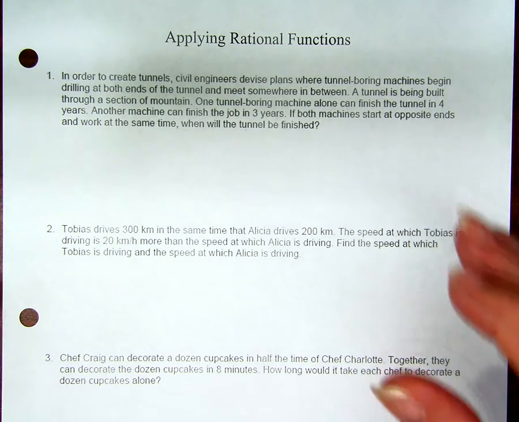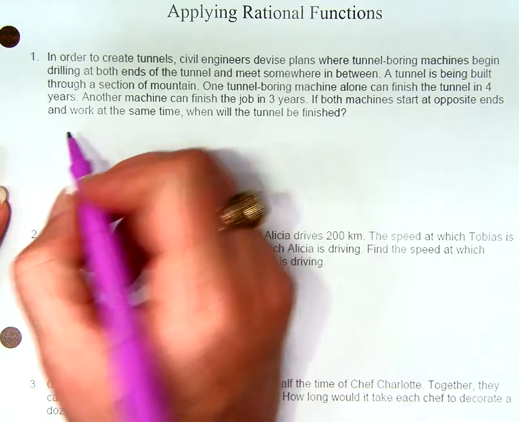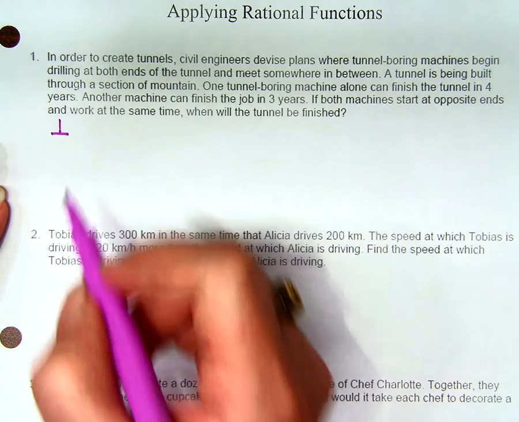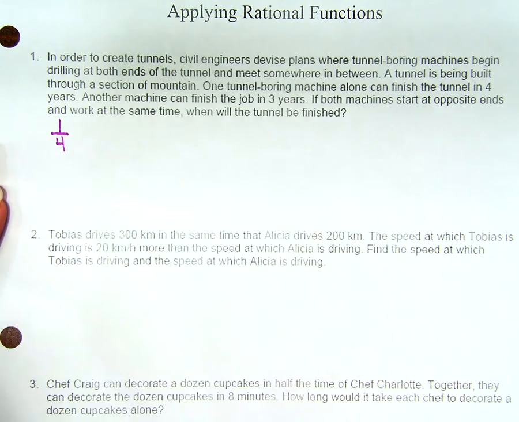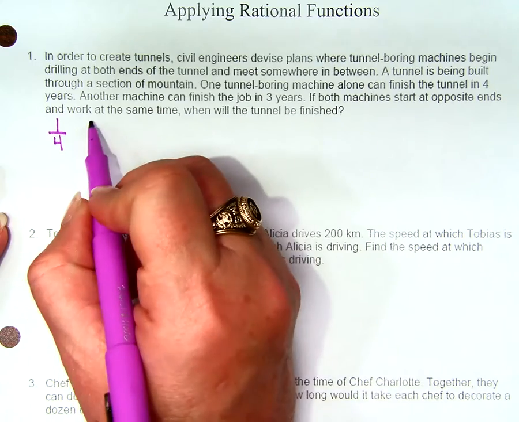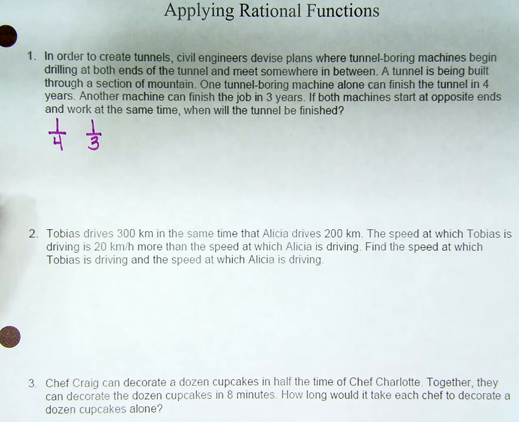Okay, so let me zoom in just a little bit. So the first tunnel borer is doing one job in 4 hours. The second machine is doing one job in 3 hours, except they are working together, right?